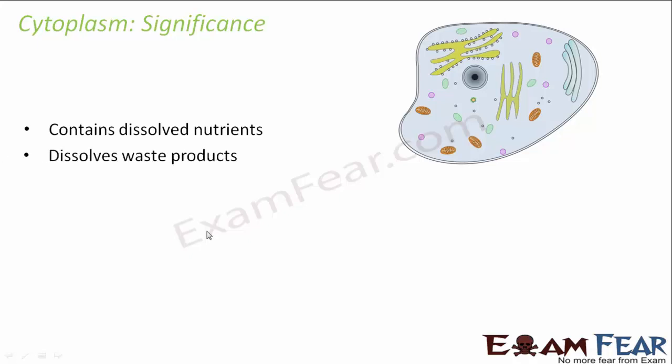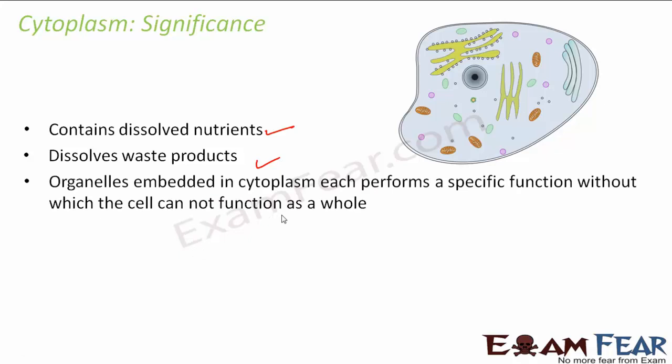It dissolves waste products. It is a fluid-like structure. Therefore, let us suppose some waste products are produced in the cell in some of its organelles. So it has the capacity to dissolve the waste products. Organelles embedded in cytoplasm each perform a specific function without which the cell cannot function as a whole. Absolutely correct, right?